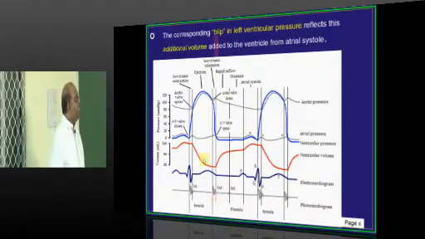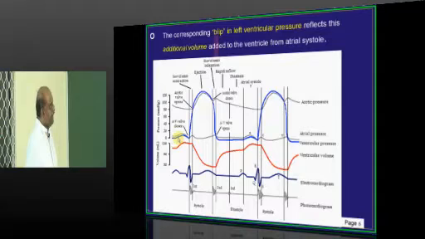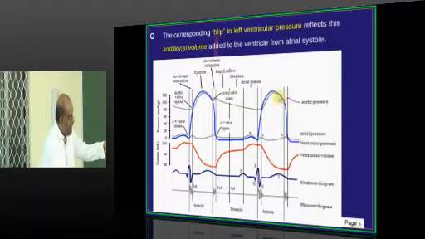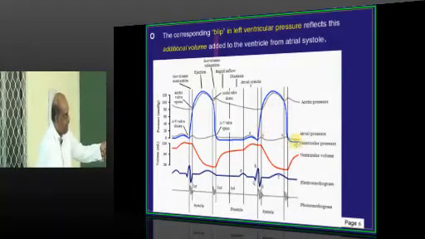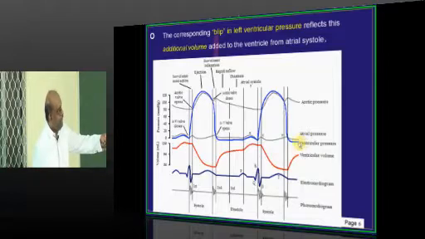So if you take the pressure tracing, what do you typically find? On the left, there is the ventricular pressure. What is this color, doctor? I am color blind. What is this color? Blue, purple blue. This purple blue is the ventricular pressure tracing, doctor. So during atrial systole, what happened to the purple blue line?